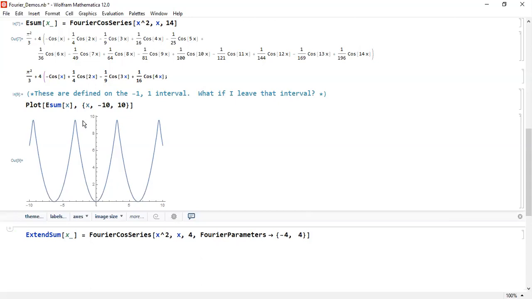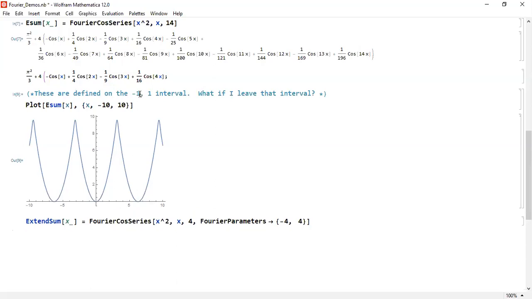This looks like minus pi to pi is the standard interval. So this is periodic over the interval minus pi to pi. You'll always get a periodic function out, even though you don't necessarily put a periodic function in. Sometimes that's okay. We can change that by changing the Fourier parameters.